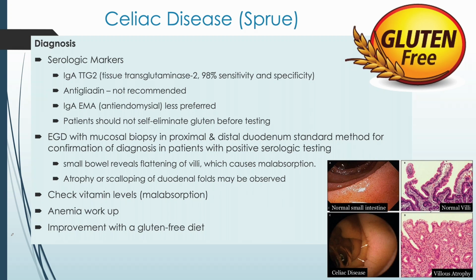And so that's what you tend to see when you're doing the test, and then you send those biopsies off, and the pathologist is looking for these telltale signs of celiac disease.